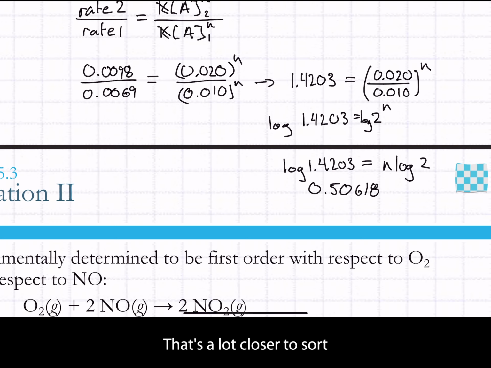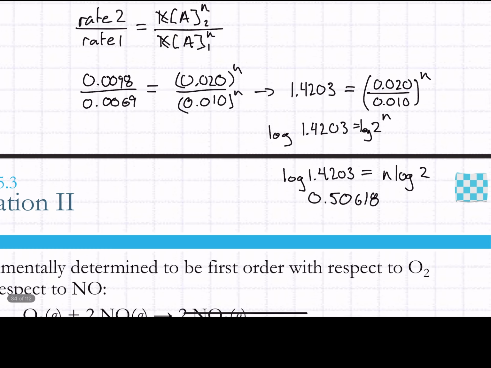That's a lot closer to a whole fraction than 1.42. So this is saying that our order, this equals n, is actually 1/2.